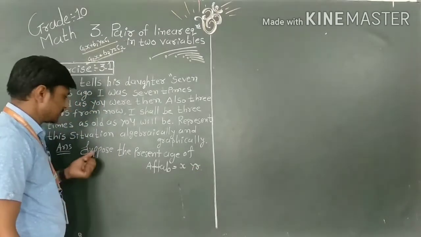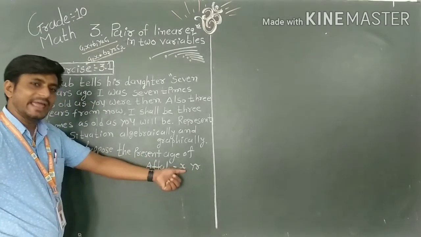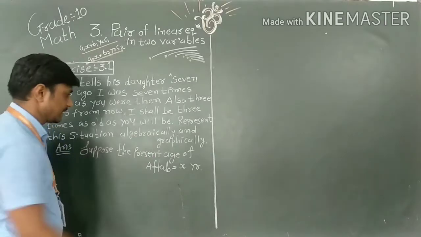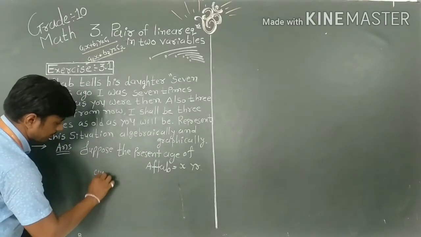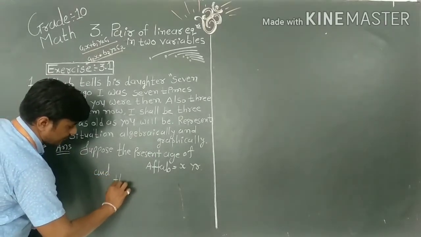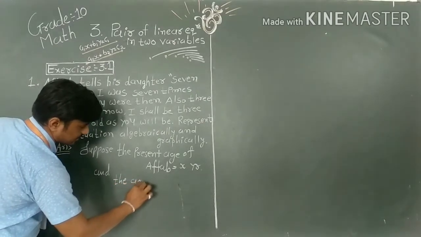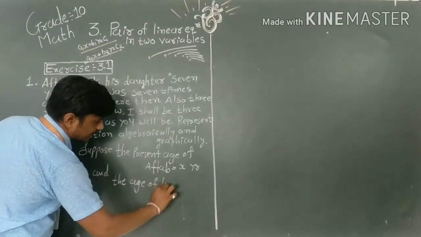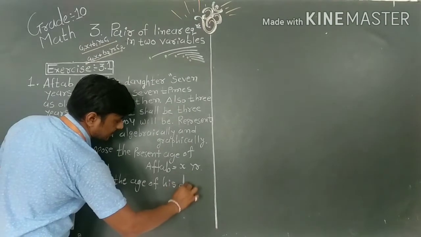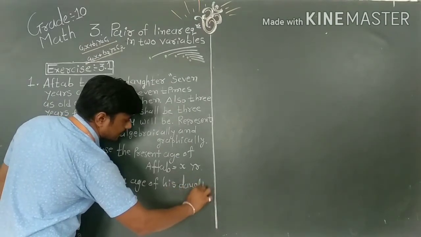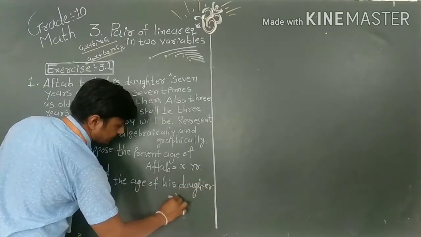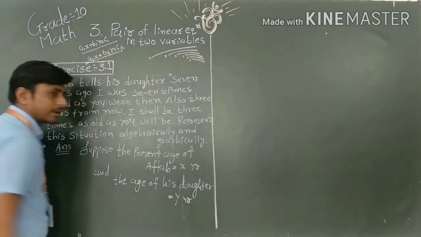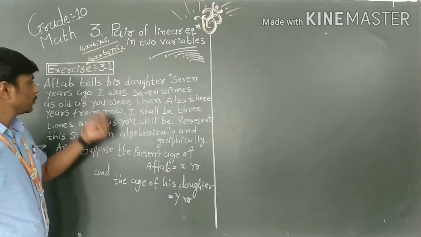I consider that the age of Aftab is x years at present, and the age of his daughter is y years.